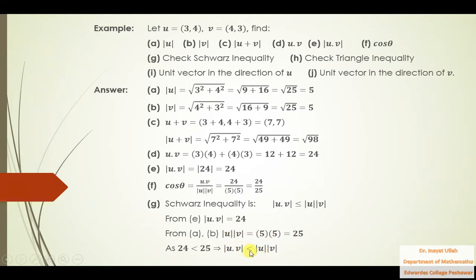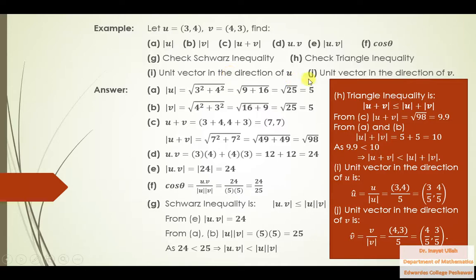So the Schwarz inequality has been proved here. There is an equality sign, so these two will be equal if the angle between these two vectors is 0 degrees or 180 degrees. Anyways, that is the proof of the Schwarz inequality.